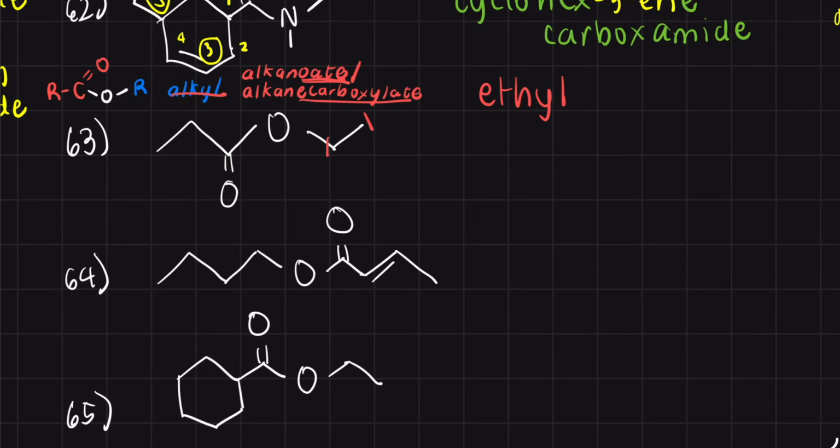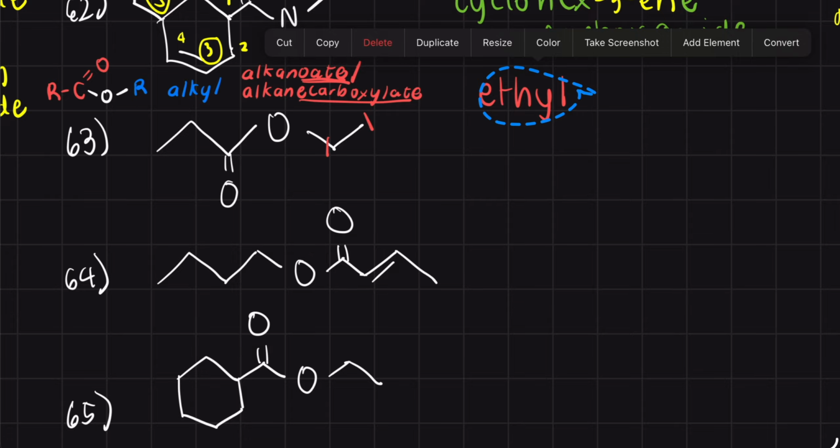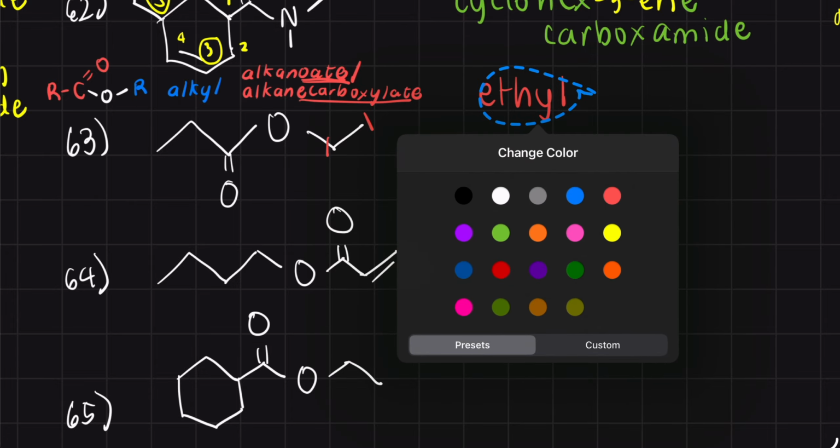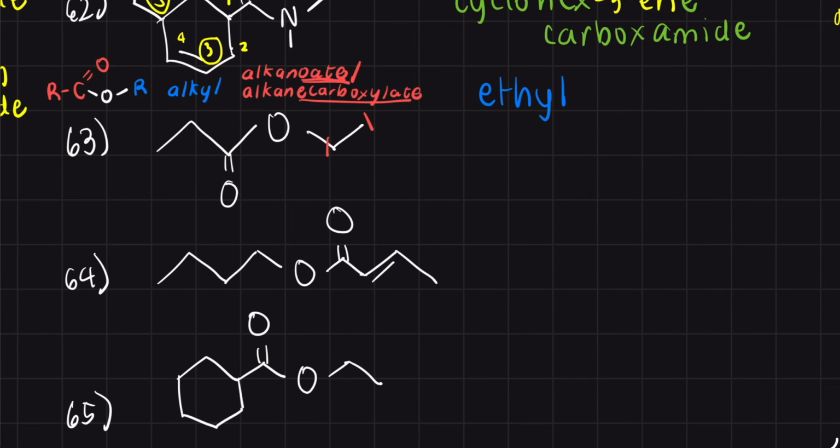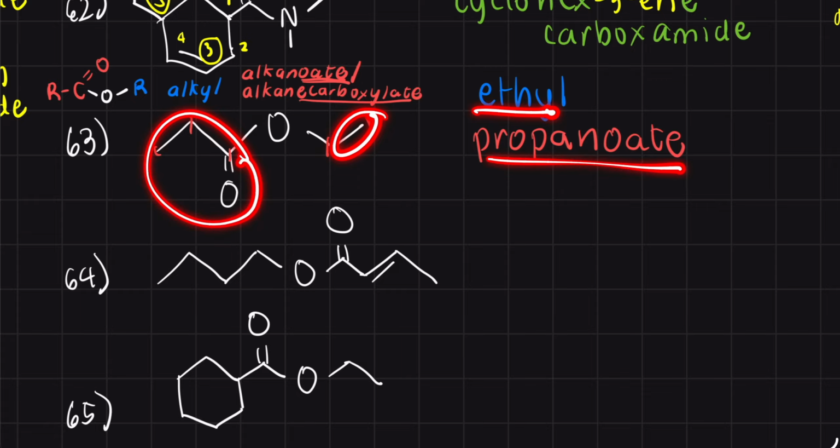I'm supposed to use color blue for the alkyl here, just so we can be consistent. All right. And then space. This is 1, 2, 3. So that's prop. Then purely single bonds, and just end with oate. So this is ethyl propanoate.